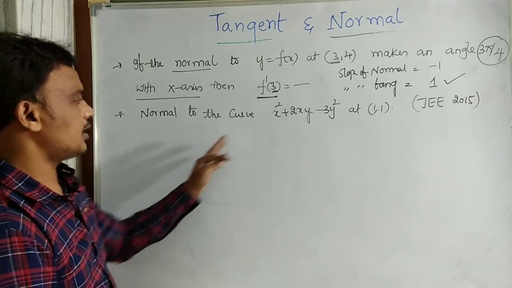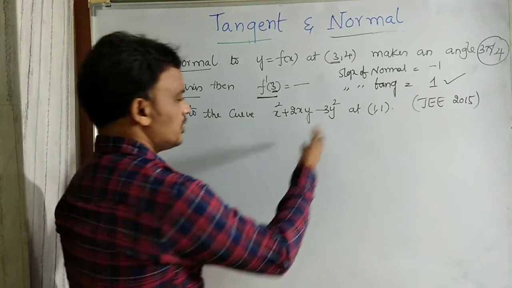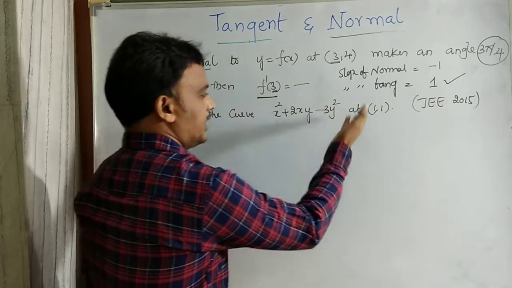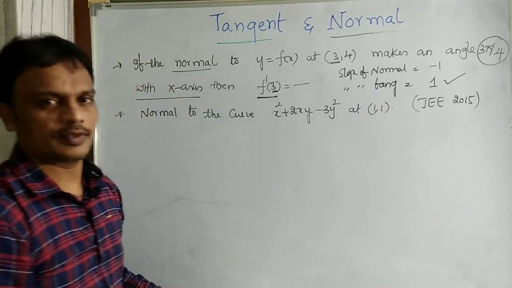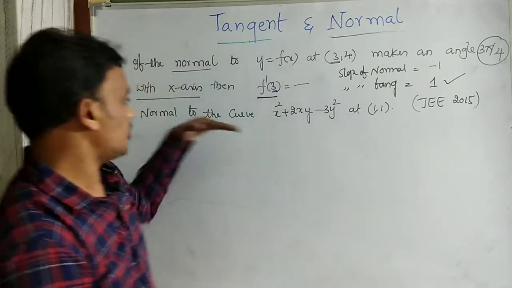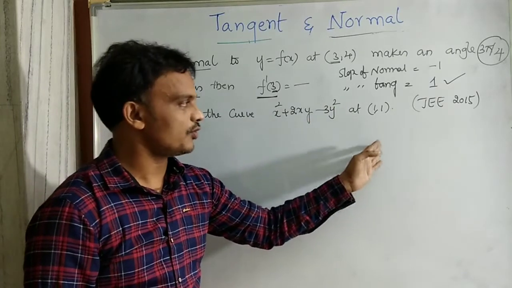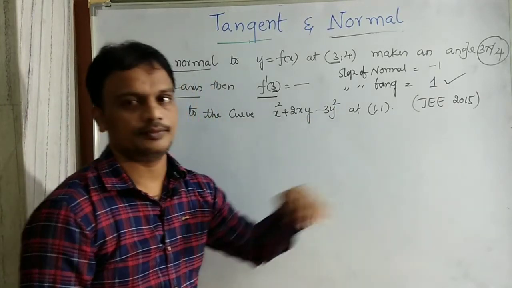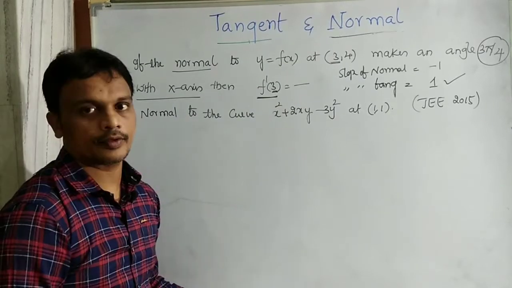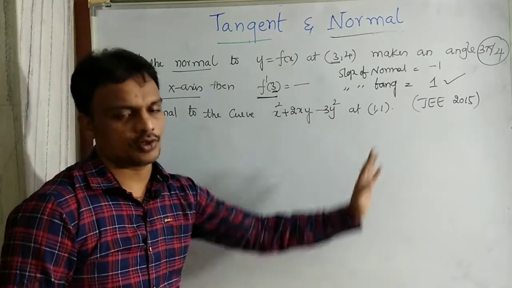The normal to the curve x square plus 2xy minus 3y square equals 0 is drawn at the point 1 comma 1. The question asks where the normal meets the curve again, in which quadrant.